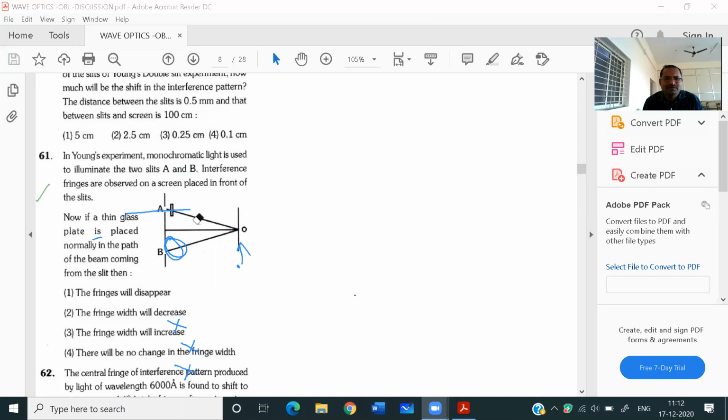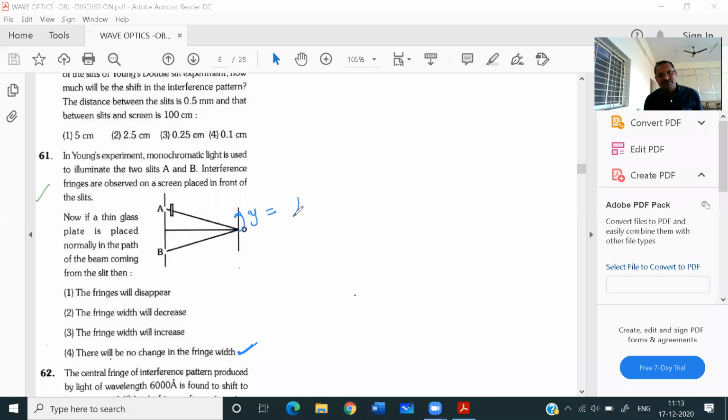Options, I'll take all the options one more time. Question number 61. See the last option: there will be no change in the fringe width. This point only I am saying from the first onwards. Fringe width does not change, whereas the central maximum will shift upward somewhat.